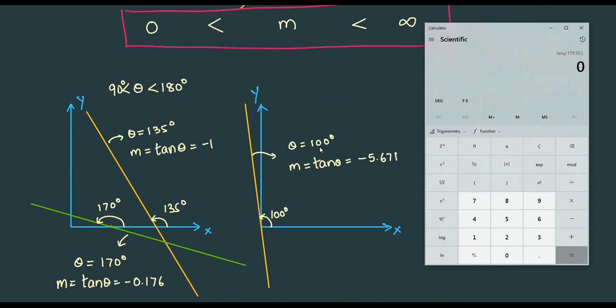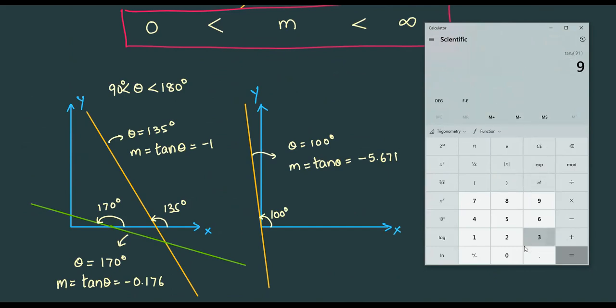At 100, it is minus 5. Suppose it is just above 90. Let's say at 91, tan is 57.29 with a minus sign, minus 57.